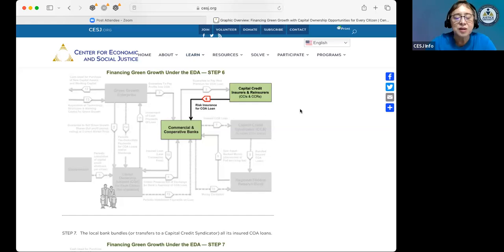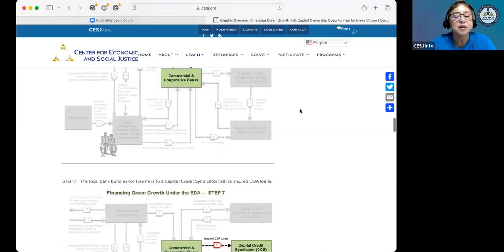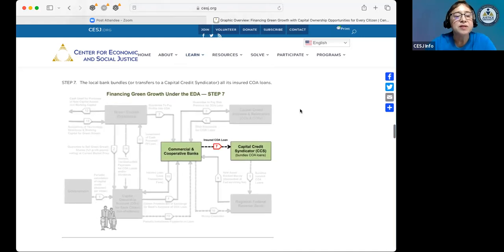Okay, so as I was saying, capital credit insurance takes the place of traditional collateral, which is a barrier to most people being able to get loans for capital investment. Then the 7th step is that the commercial bank will bundle all the loans. If it went directly to the discount window and it has 100,000 loans, that's going to be rather cumbersome.